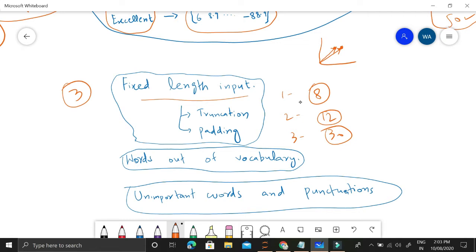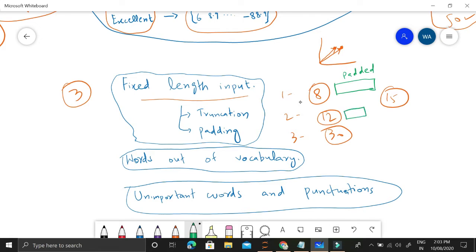So we'll define a fixed-length input, consider 15, and the first sentence will be padded with extra words, with a unique ID for the padding word, so that the length becomes 15.